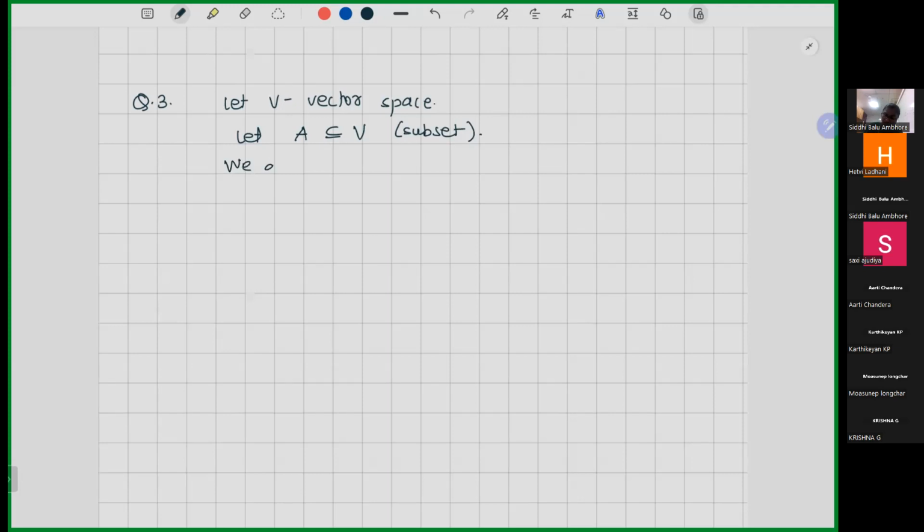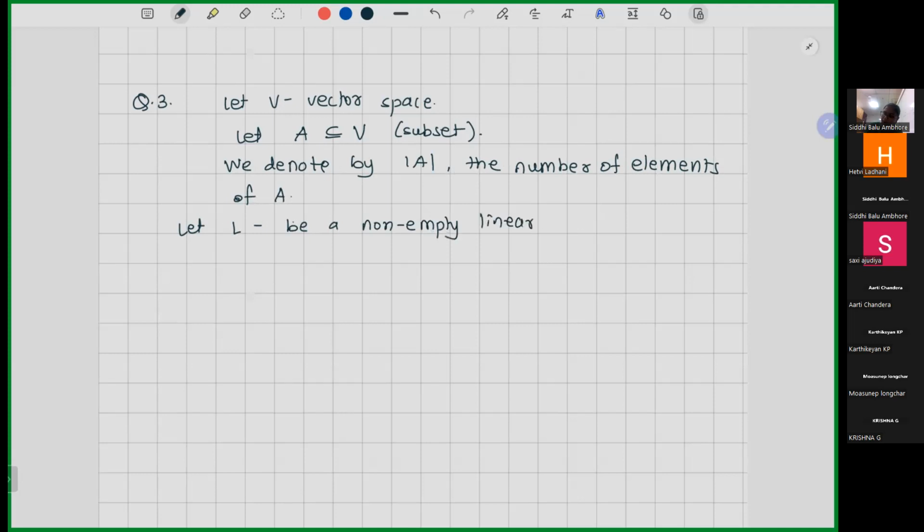Subset, and we denote by mod A the number of elements of A. So let L be a non-empty linearly independent set or subset of a vector space V. Okay, so L is any linearly independent set.